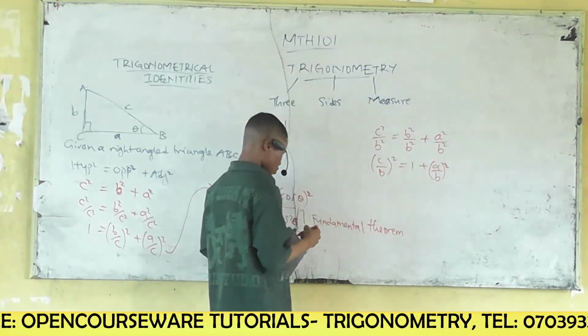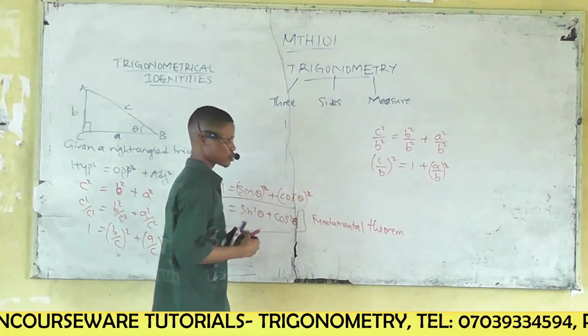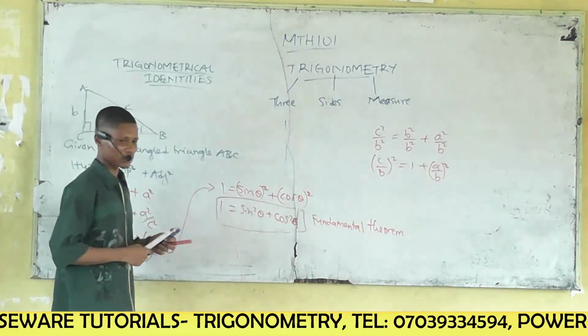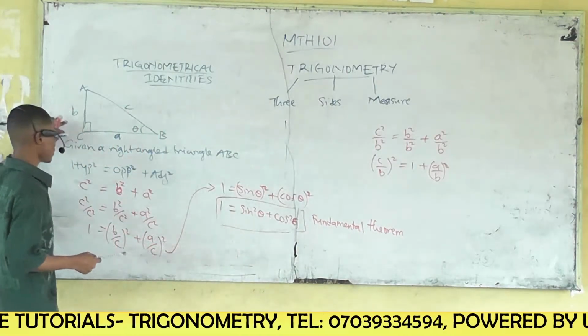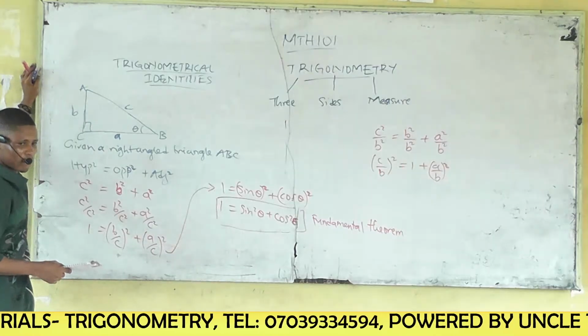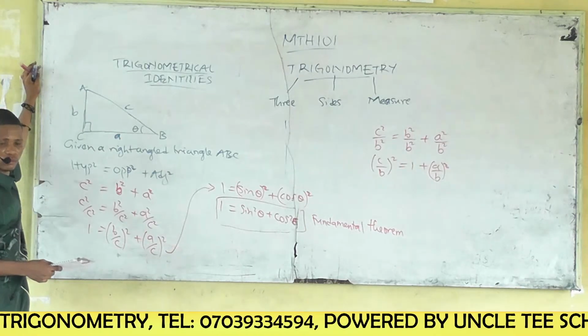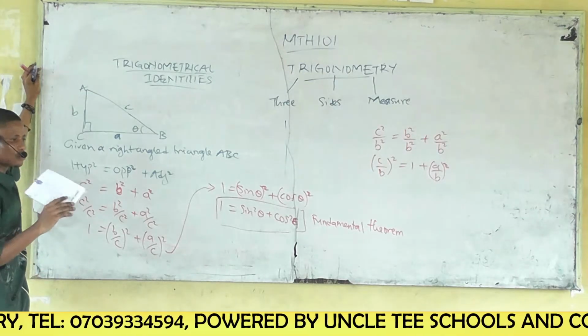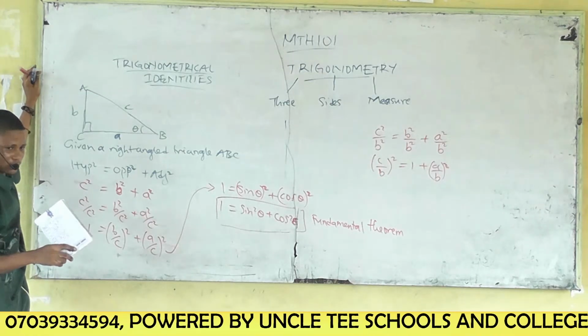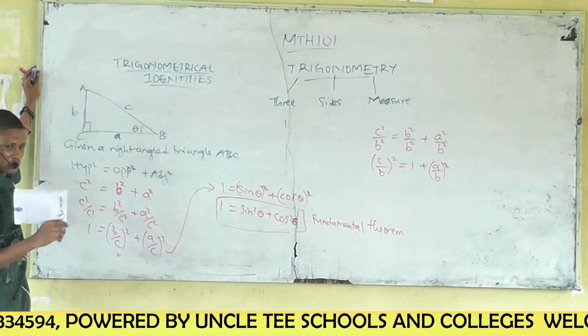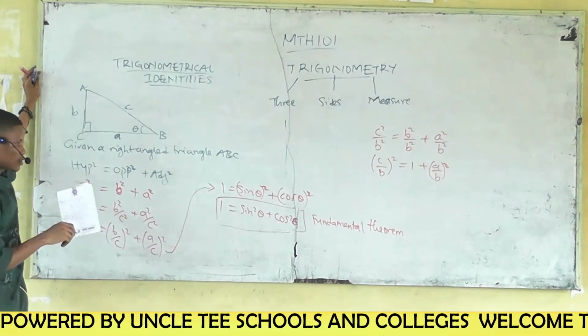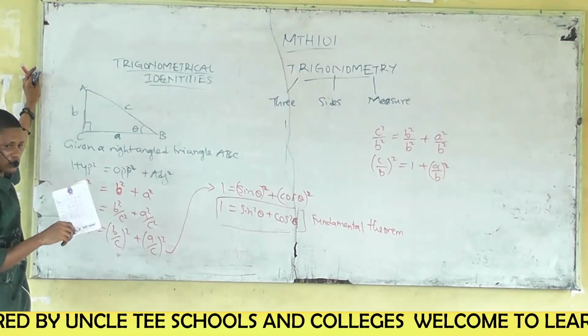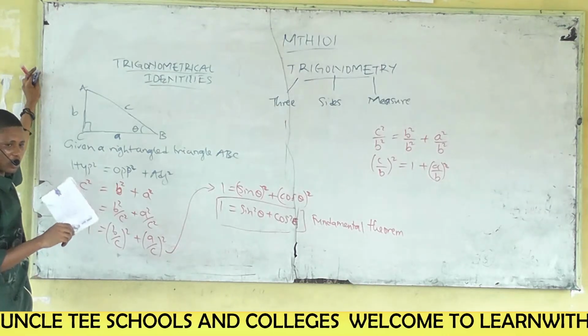Now, what trig ratio comes to your mind? C over B. C over B is what? Hypotenuse over opposite. Now, what is sine theta? Opposite over hypotenuse. But this one is giving you what? Hypotenuse over opposite.